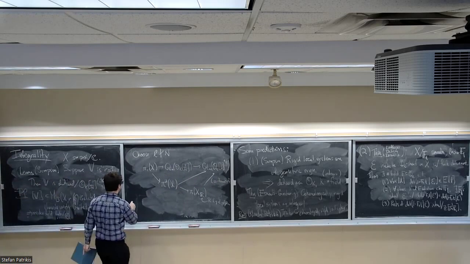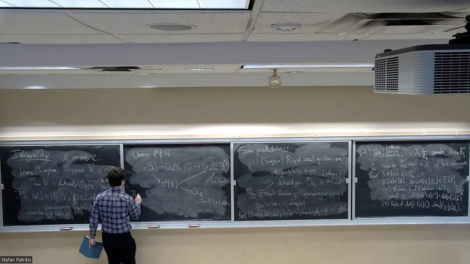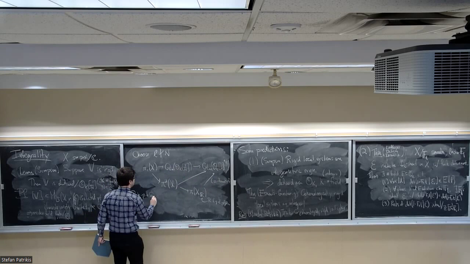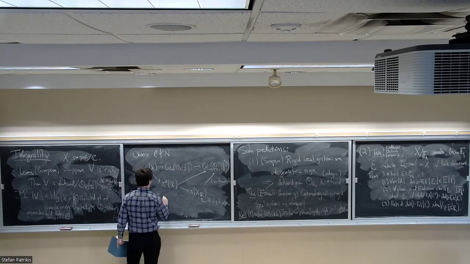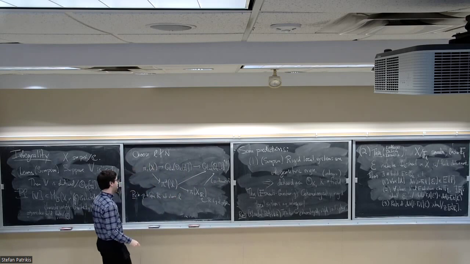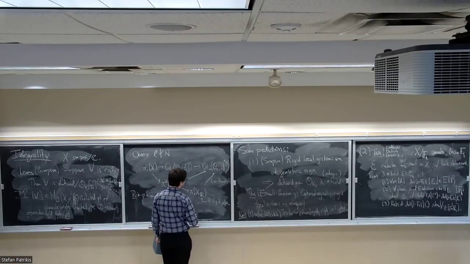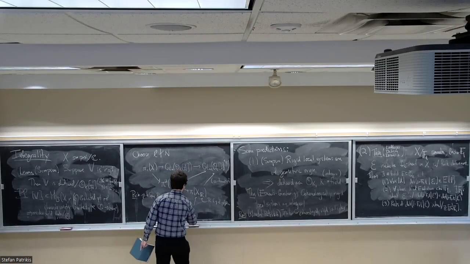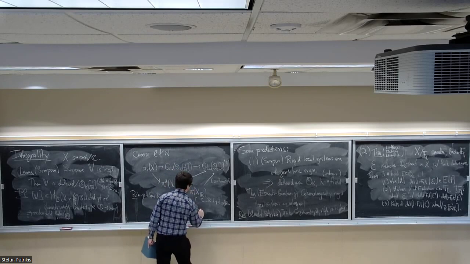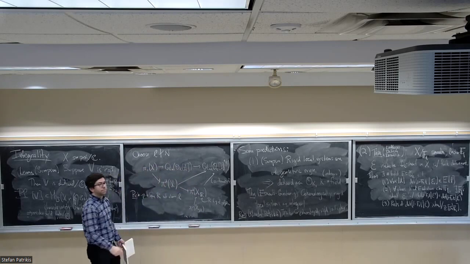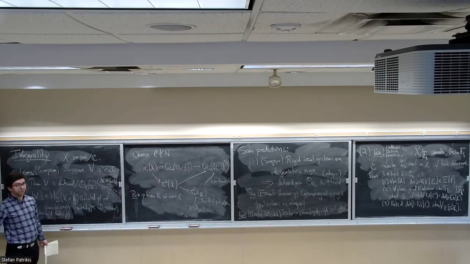Now let's pick some prime P in Spec R, which is not above l, and reduce mod P. So now inside of here is pi1 étale of X_P, which is now a variety over a finite field.